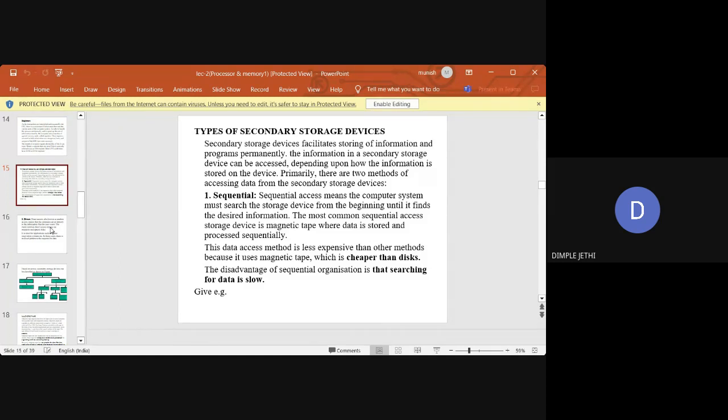Sequential access means if your secondary storage has, suppose, 100 records, and you want to read the 100th record, first you have to pass all the 99 records. You cannot go directly to the 100th record. So that is sequential, right?